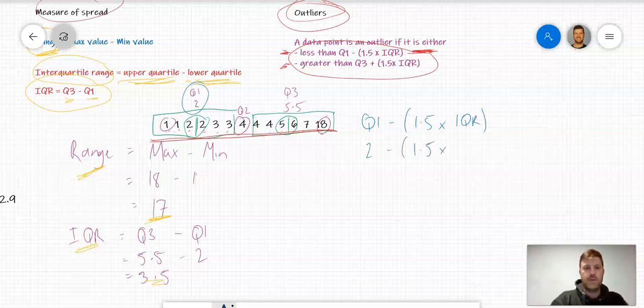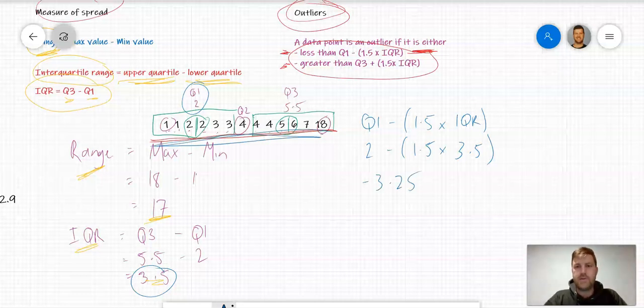We know that the interquartile range was 3.5. Okay, and I've done this one on a calculator already. That equals minus 3.25. So is there a number in this set of data that is less than minus 3.25? No, there's not. So there's no outlier on the lower end.